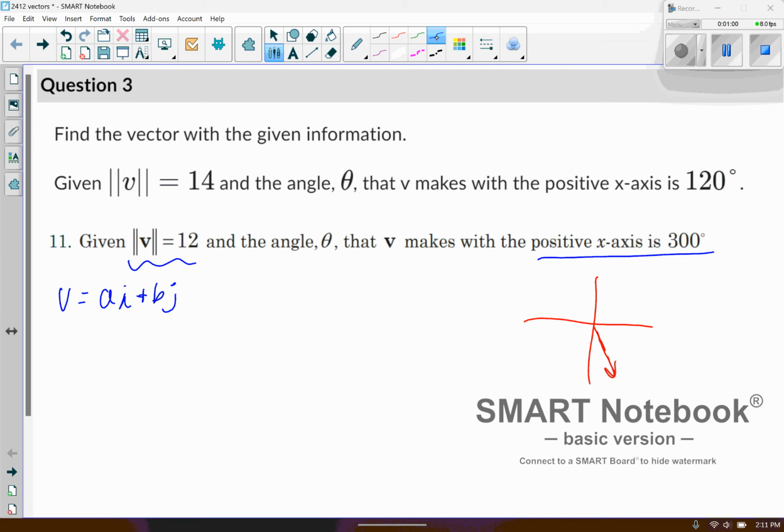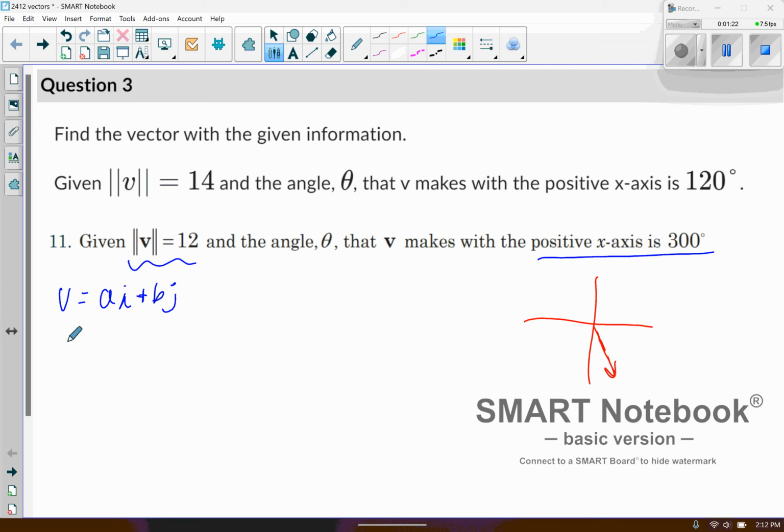The way I'm going to figure out those x and y values is I want to use my unit circle to find the x and the y value for that angle, and then multiply the magnitude by that.